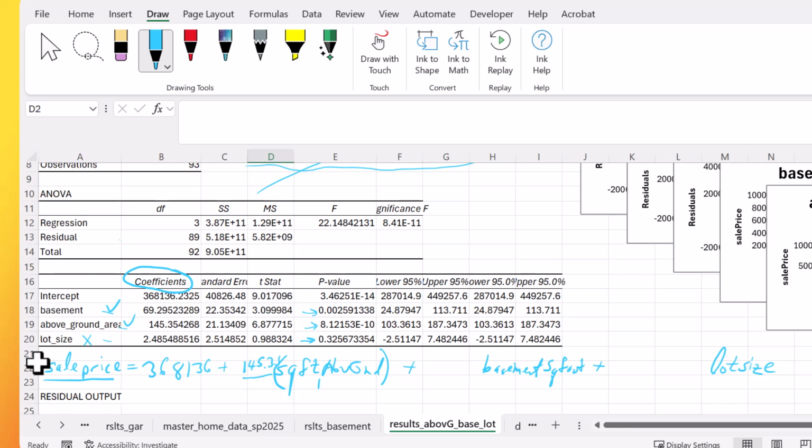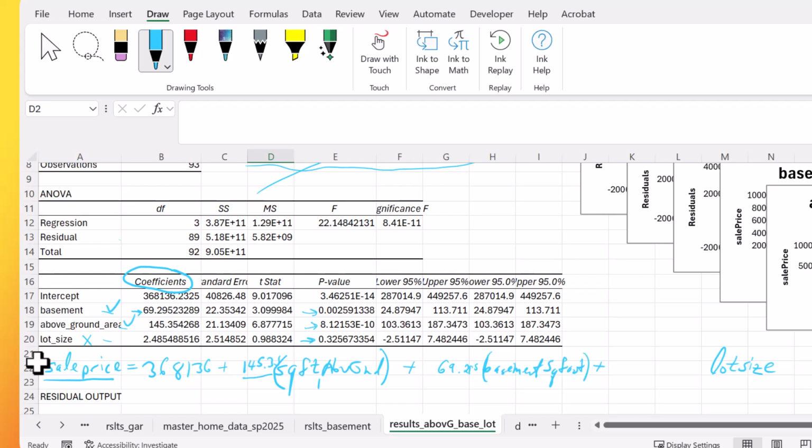You've probably heard something like this when they say the price per square foot of a home. Well, this is saying every time I increase the square footage of the home, it would increase the value of the home by $145. Here I have basement square footage, and this number is saying whenever I increase a basement square footage by a square foot, the value of the home will increase by 69.295.